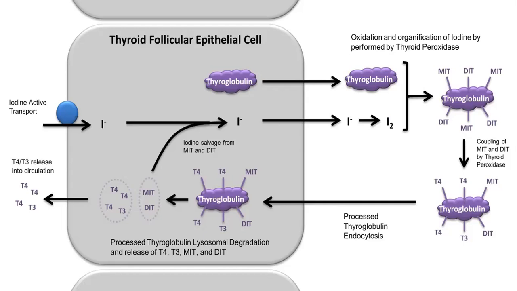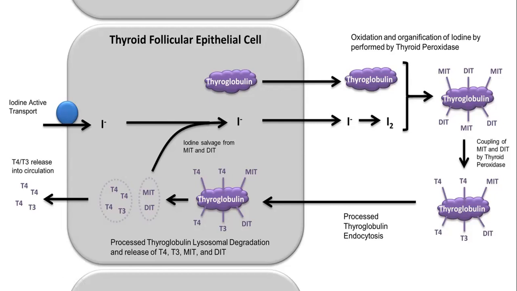Now, normally for thyroid hormone synthesis, large amounts of iodine are needed for synthesis of physiological levels of thyroid hormones. To generate sufficient concentrations of iodine, the ionic form of the atom, iodide, is actively transported from the bloodstream into the follicular lumen by the follicular epithelial cells.